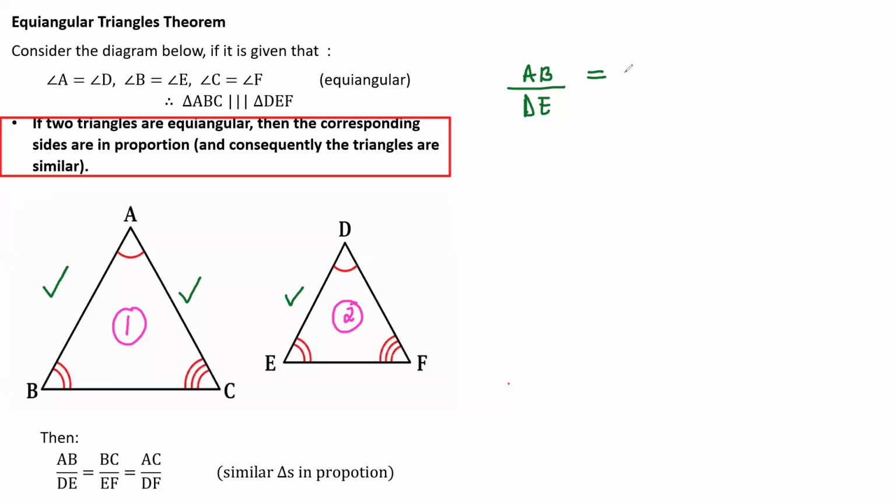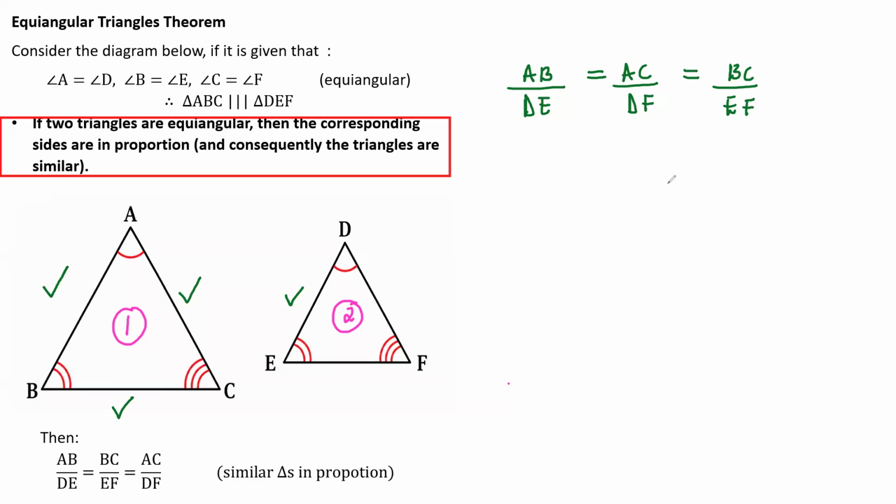Who does AC go with on triangle number 2? AC goes over DF. Perfect. Is equal to BC over EF.